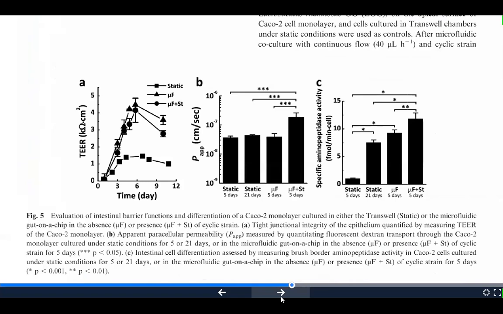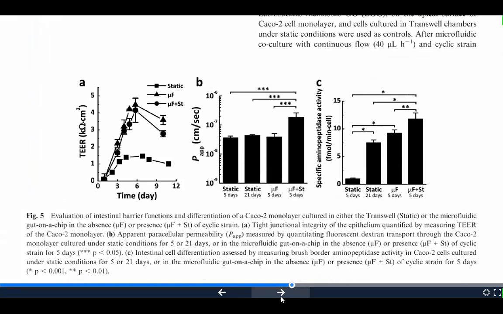Also, they have measured the TER, which is transepithelial electrical resistance, and this TER is a measurement of the integrity of human intestinal epithelial cells. So if it is higher, then there is greater integrity between the cells or the tissue that you have built.